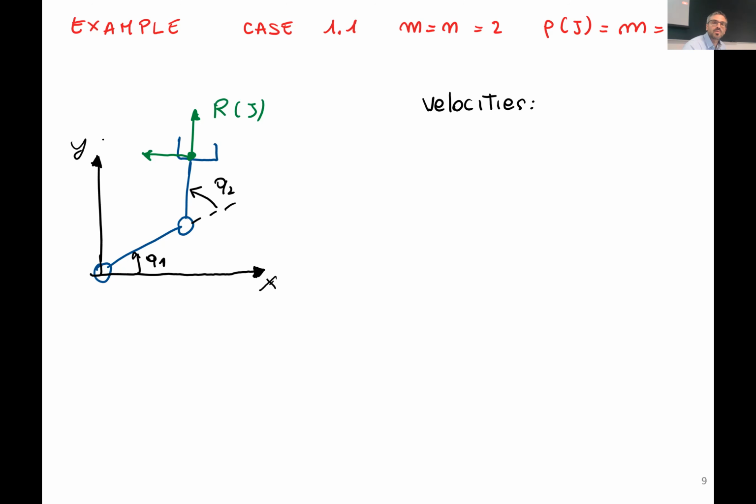The rank is equal to m, so we have the full rank case. The range space dimension is 2, so it's the whole R squared, and you can move everywhere here, while the null space of J transpose doesn't exist.